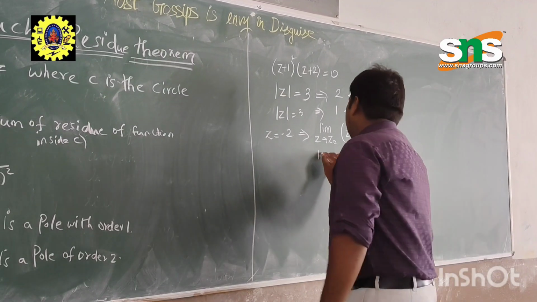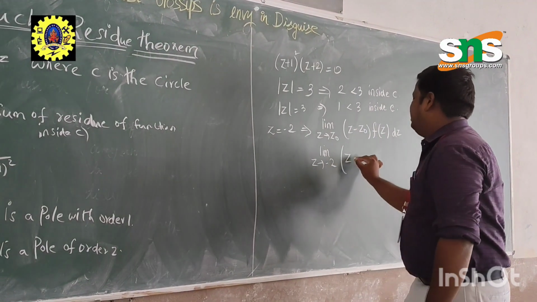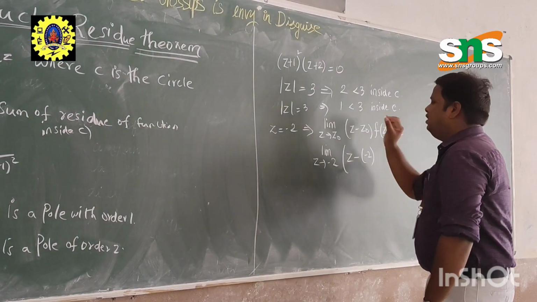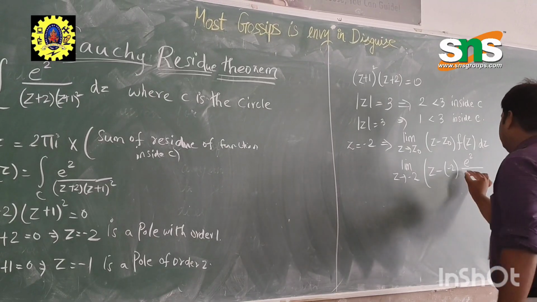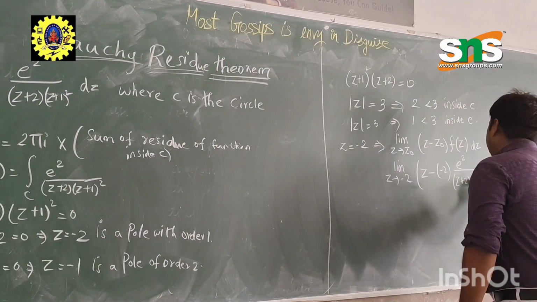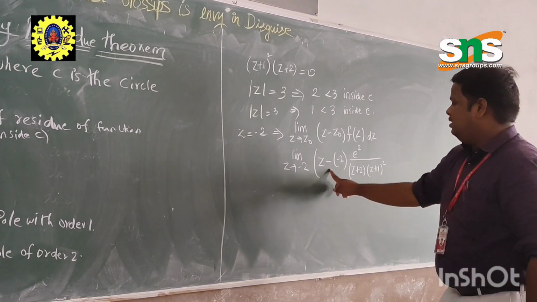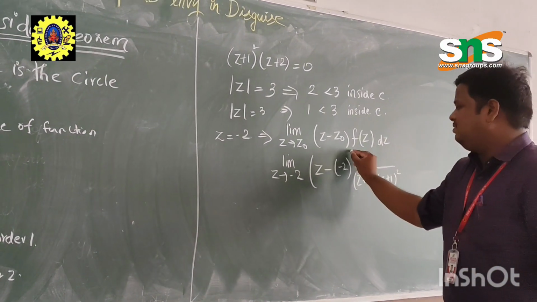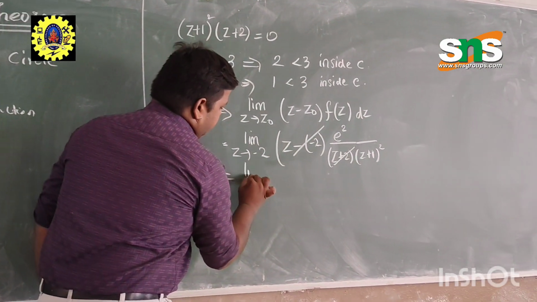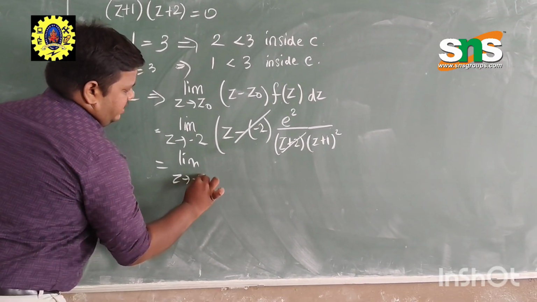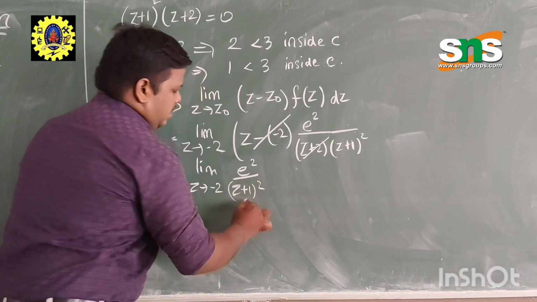Then applying the value of z naught, z tends to minus 2, (z plus 2) into f of z, where f of z is e power 2 divided by (z plus 2) into (z plus 1) the whole square. Cancelling z plus 2, I get limit z tends to minus 2 of e square divided by (z plus 1) the whole square.